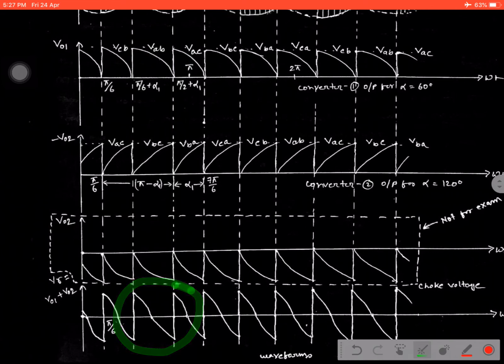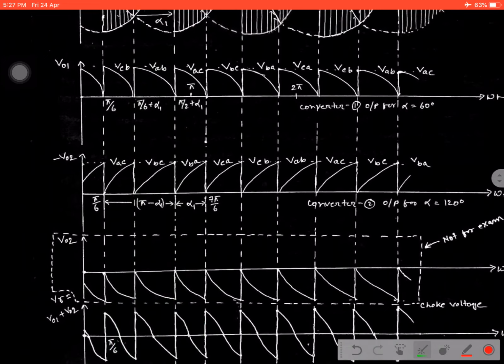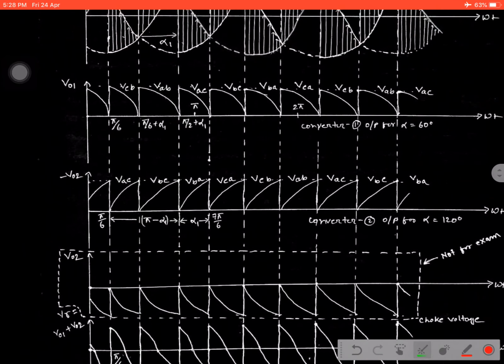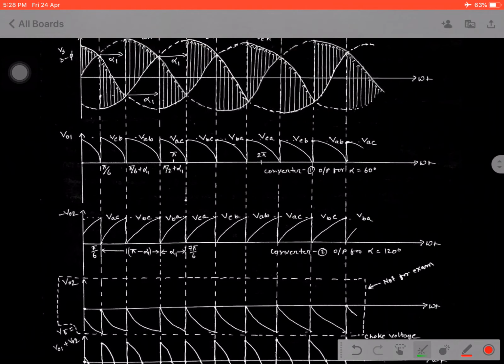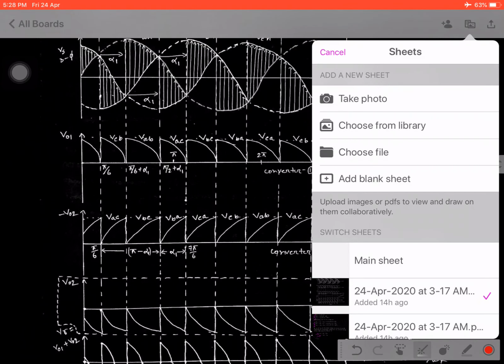So how is it possible? Just see my process carefully. First, again notice in this particular region, pi by 6 plus alpha 2, pi by 2 plus alpha, VAB is a kind of shape and VBC is a kind of shape.